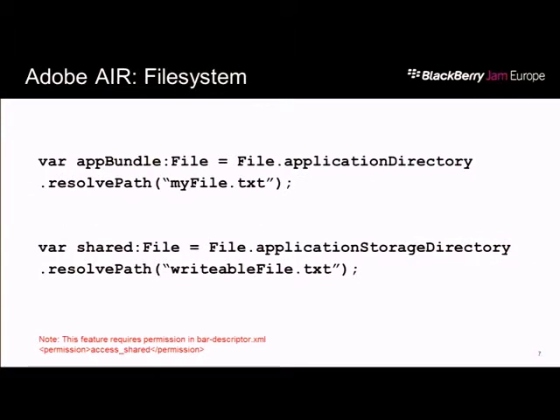So let's take a look at some examples of code. I know you want to look at some code. If you want to access the file system, there are two main storage directories. We can access the application directory, which is the bundle of the application. This is the folder where the application is installed.